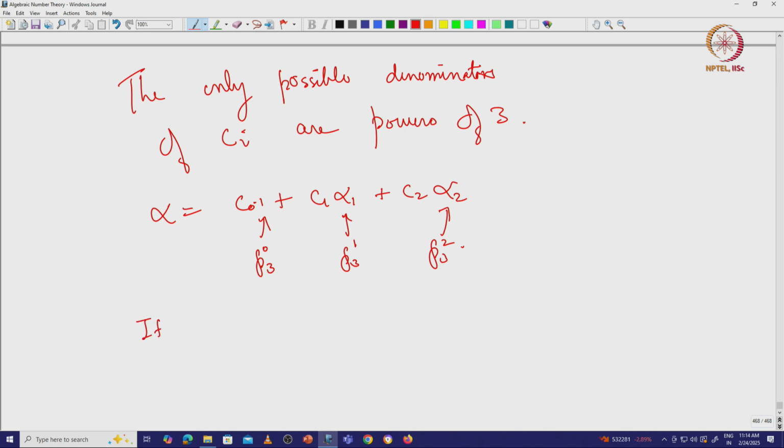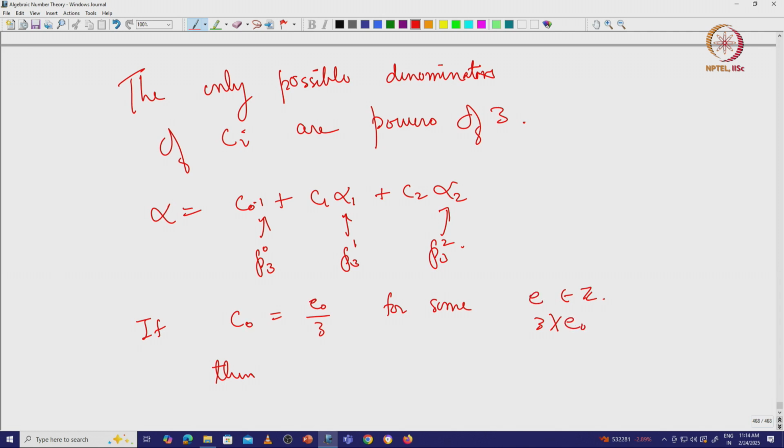So, let me write it this way. If Ci is equal to ei by 3 for some i, and ei in Z, 3 does not divide ei, then, let me do a concrete example. Let us say this is C0, E0.